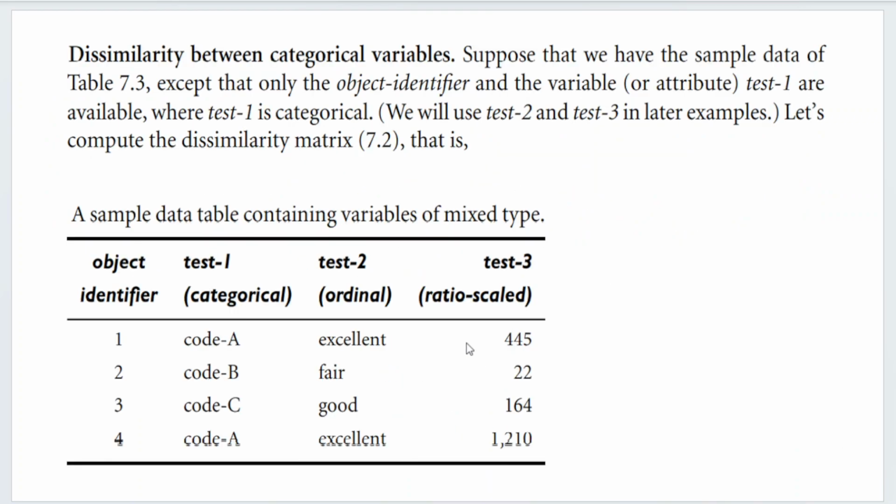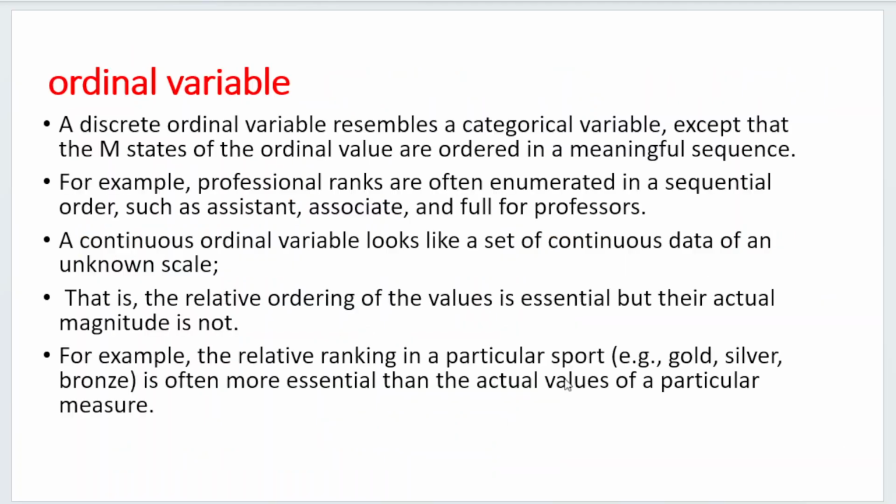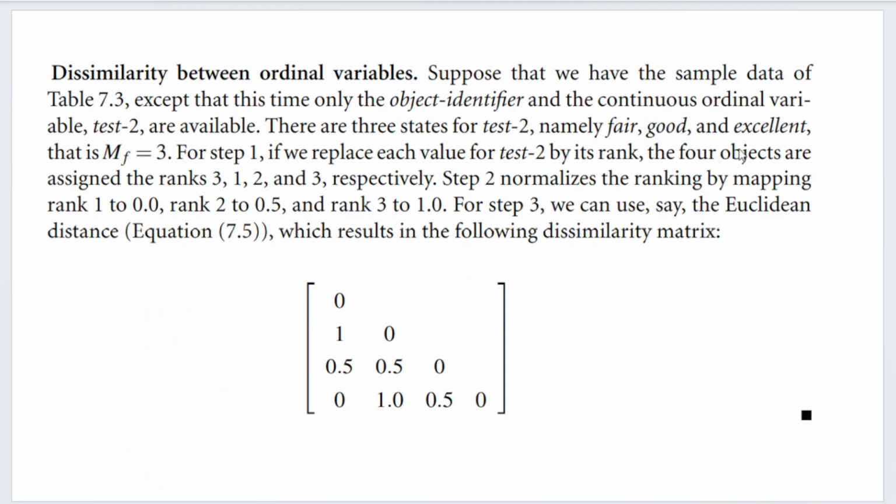Which table do I have to take? This table. For the fair, I am going to take the value 1, good is 2, and for the excellent I am going to take the value 3. So I am going to replace the values like this for the ordinal variables. If you assign the ranks, we will get ranks like 3, 1, 2, 3.